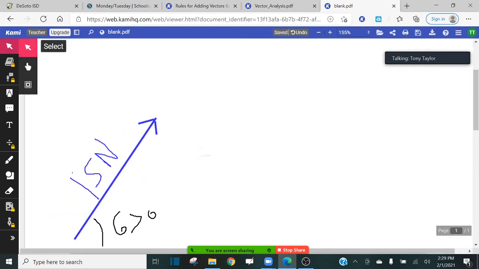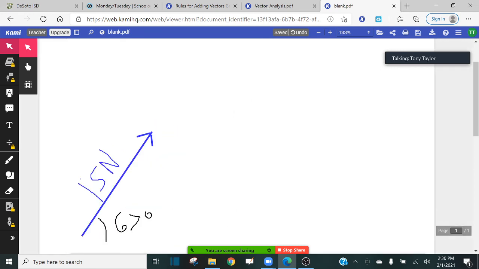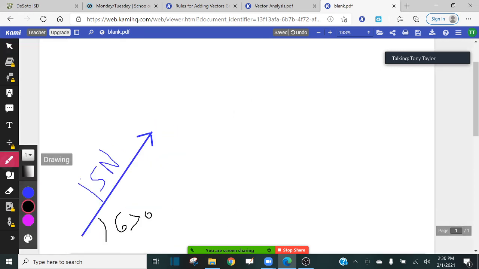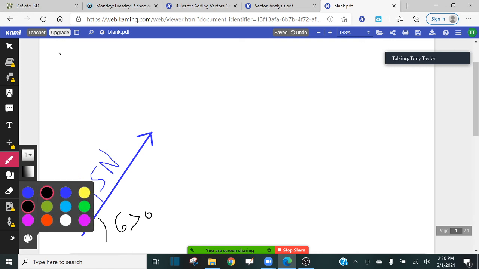Someone tell me, guys, if I give you this information and I ask you to find the x and y components of this vector, how would you do that? Anyone got an idea?